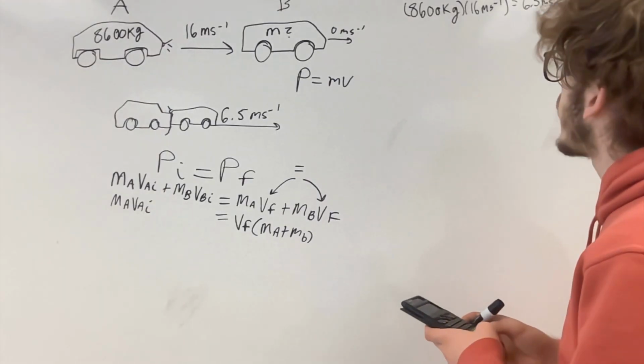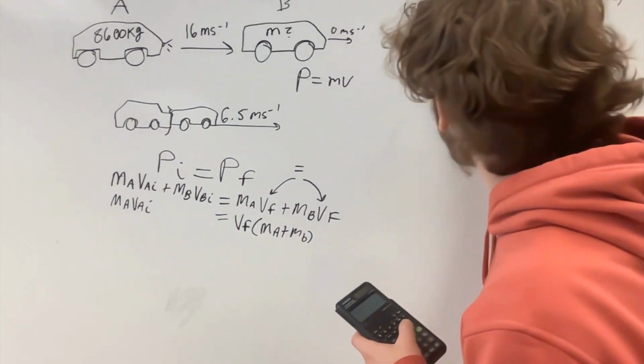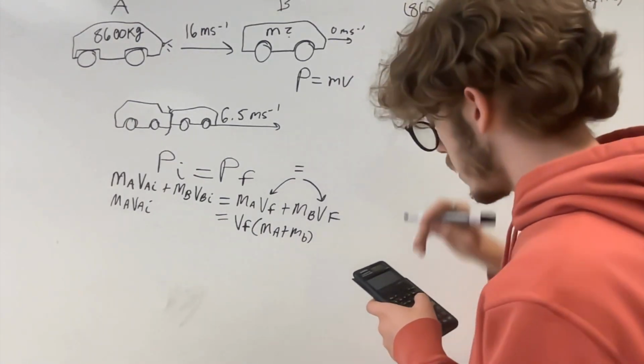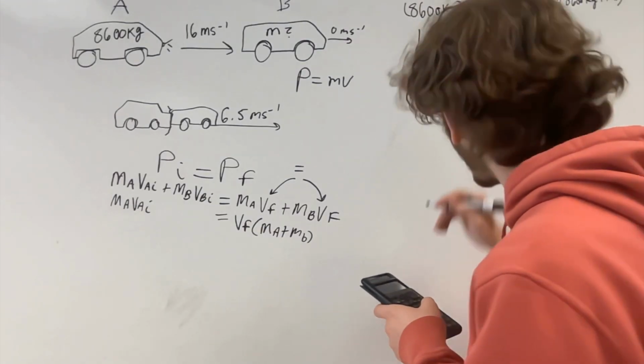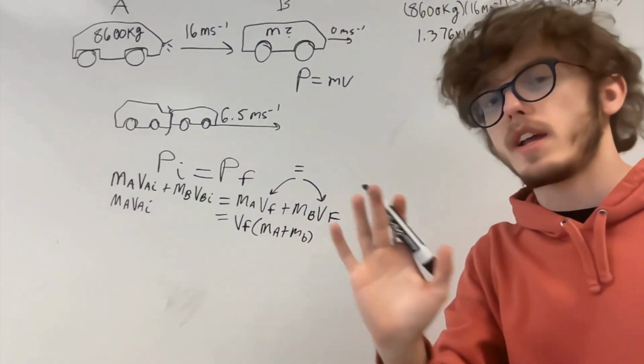And when you multiply a kilogram by a velocity, you get a Newton second. So 1.376 times 10 to the 5. You get a Newton second. Why is it a Newton second?